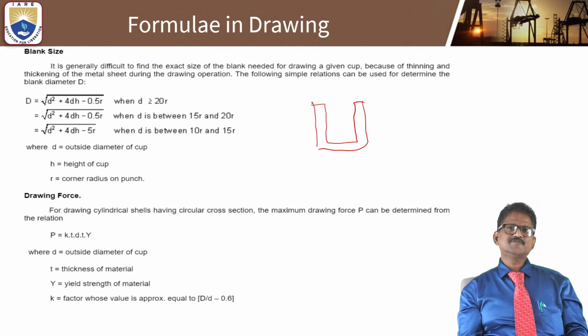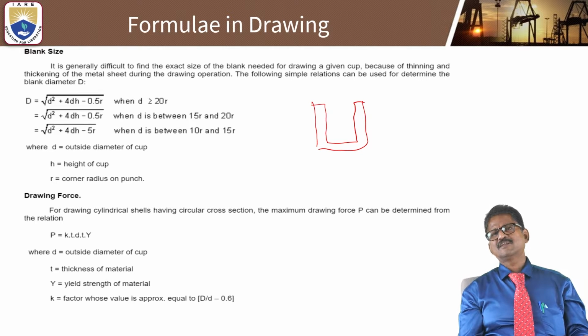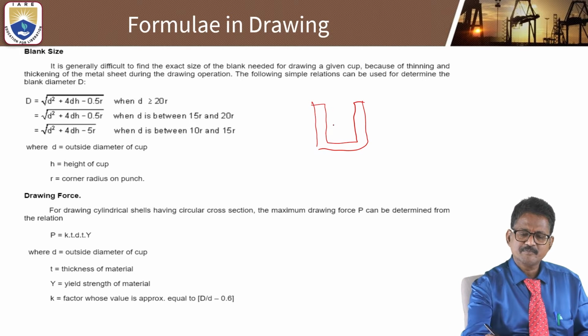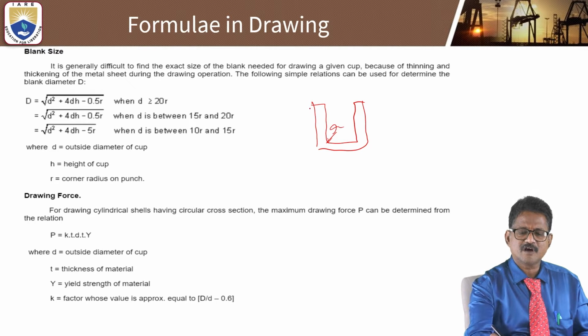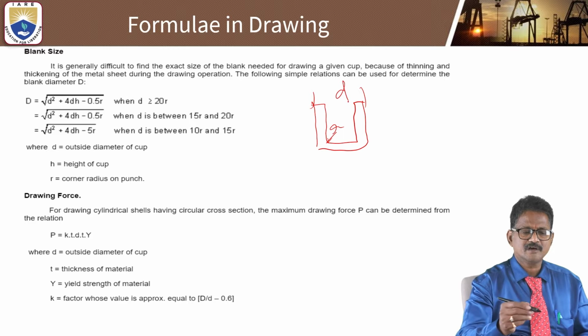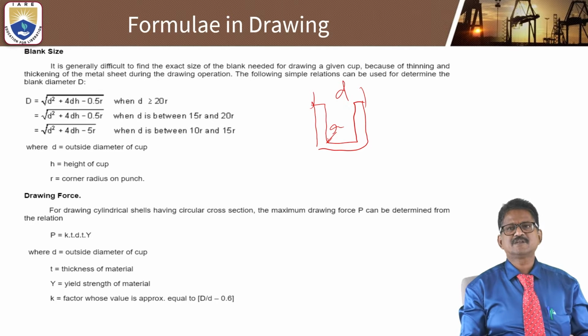So there are three different types of formula. One important thing is the small d, which is the outside diameter of the cup, and r is the corner radius of the punch. This is the corner radius. And what about the draw? This is a cup: the outside diameter of the cup.